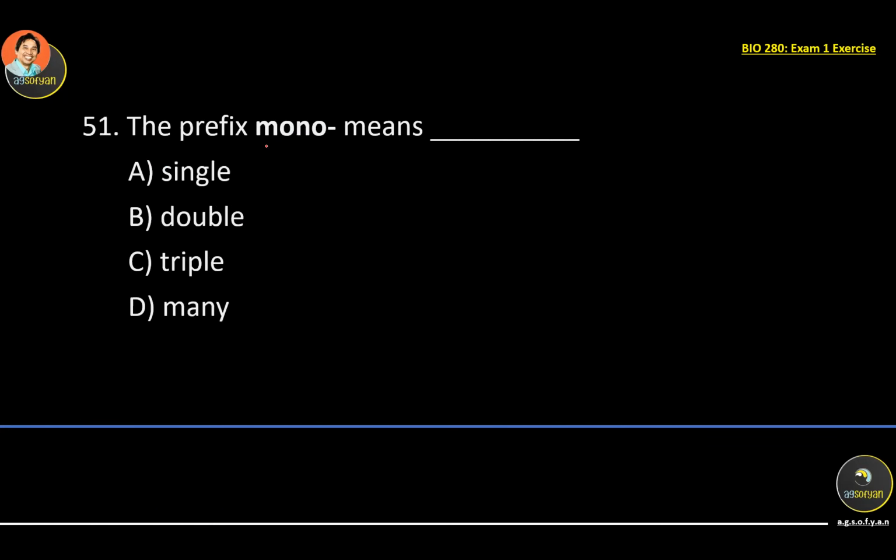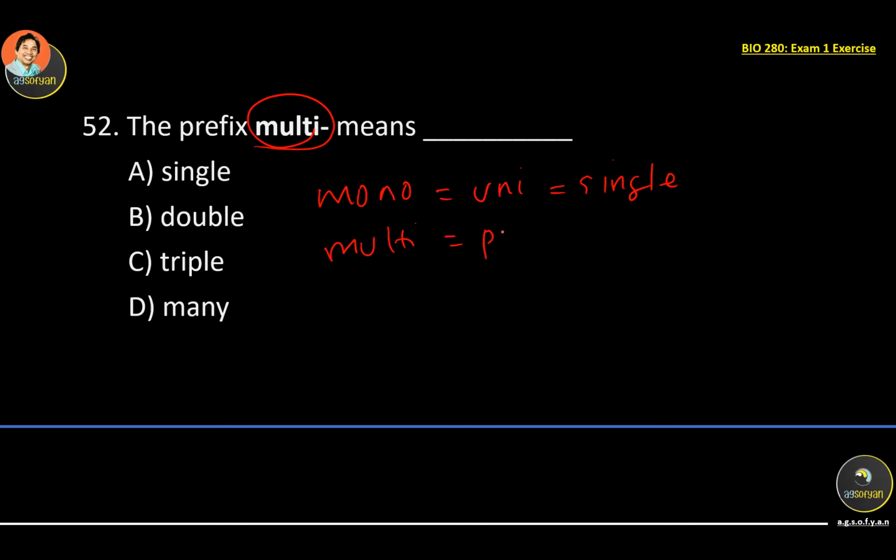The prefix mono. A, B, C, or D. We heard this a lot. Mono means single. Now, the opposite of mono will be multi. Mono is the same as uni. It means single. Then the opposite is multi or poly.